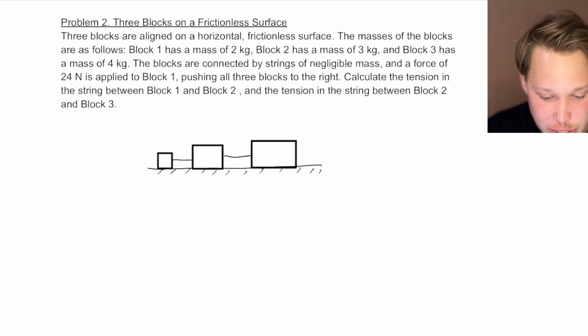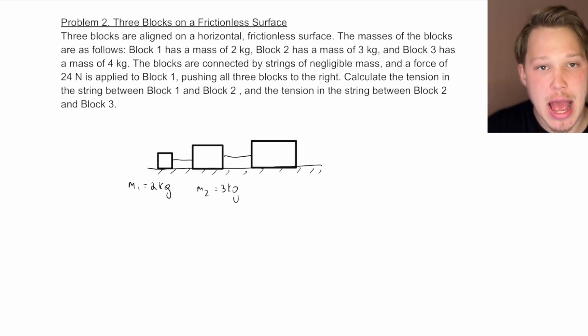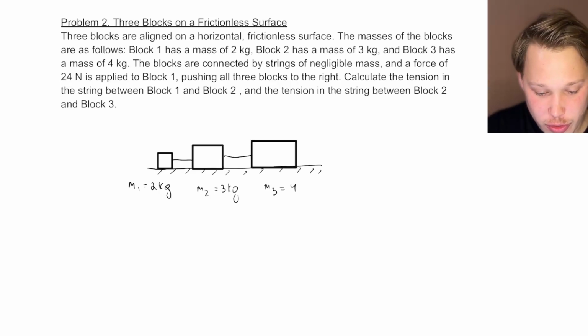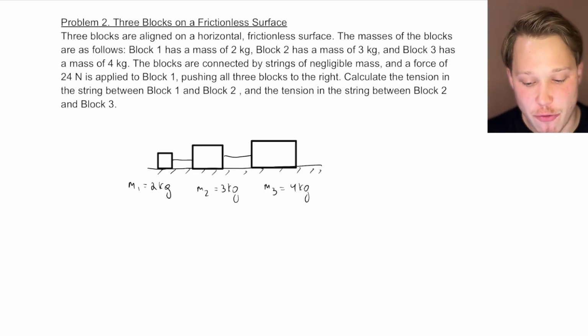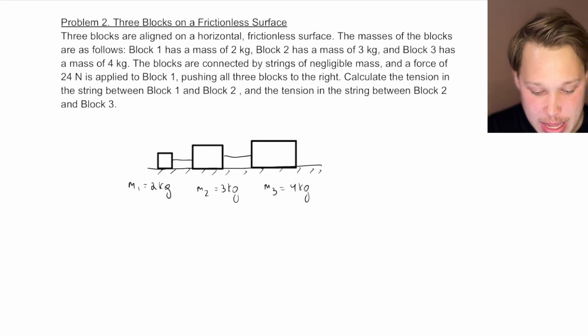Block 1 has a mass of 2 kilograms, block 2 has a mass of 3 kilograms, and block 3 has a mass of 4 kilograms. The blocks are connected by strings of negligible mass, and a force of 24 newtons is applied to block 1.